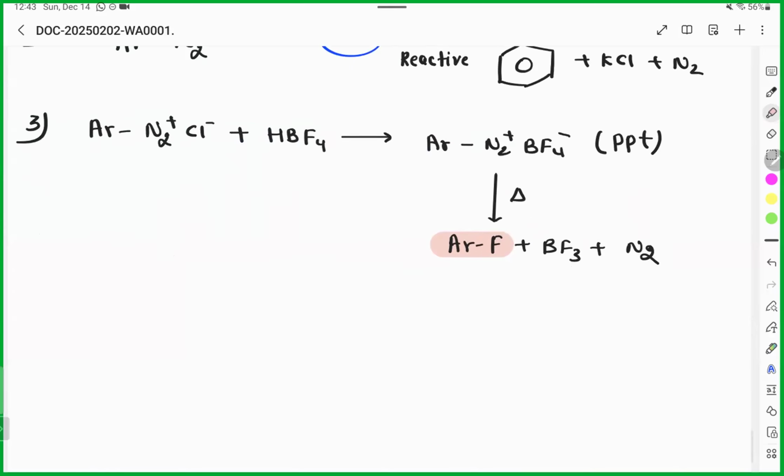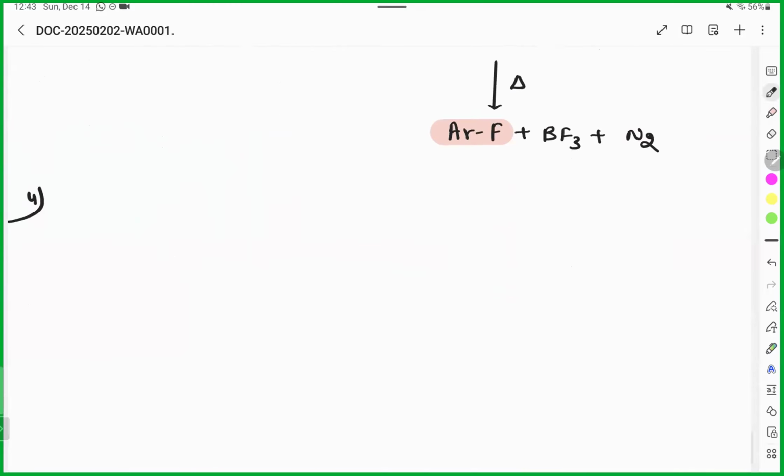Next, you have the same diazonium salt and you take hypophosphorus acid. This is popular and in your JEE we have seen this question. You have benzene ring, diazonium salt, react with H3PO2 and water.